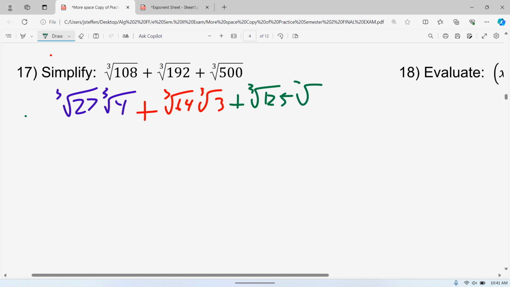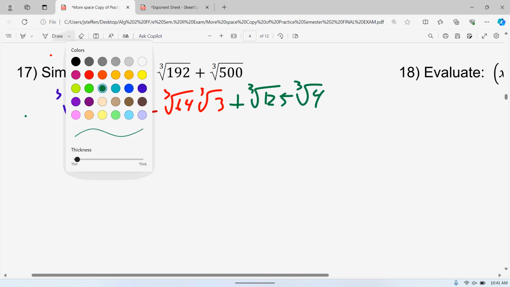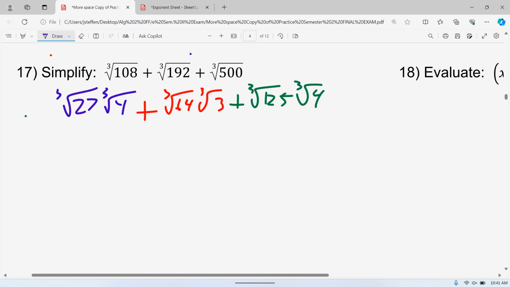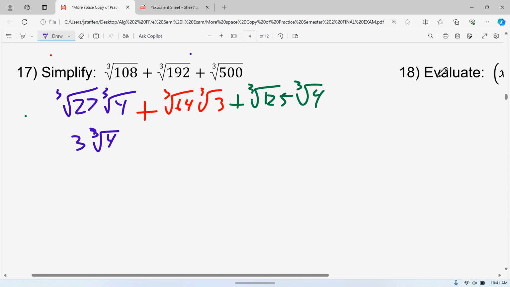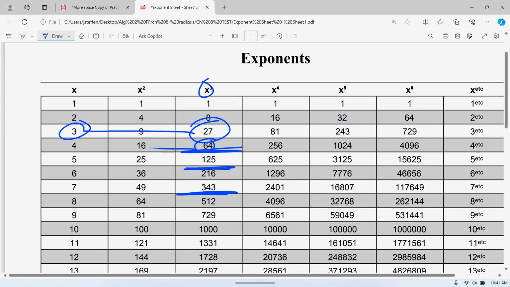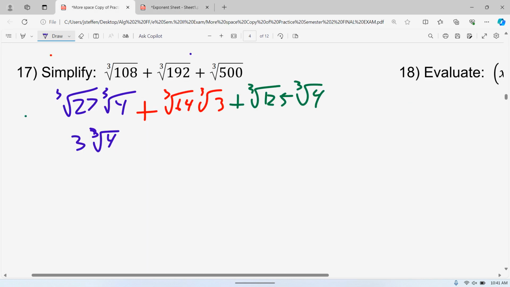You go down and reduce all these. The third root of 27. That's the third root of 4. If you didn't know that, you can use a calculator or over here, 27 here, so the third root is 3 times the third root of 4, the third root of 64 is 4, times the third root of 3.